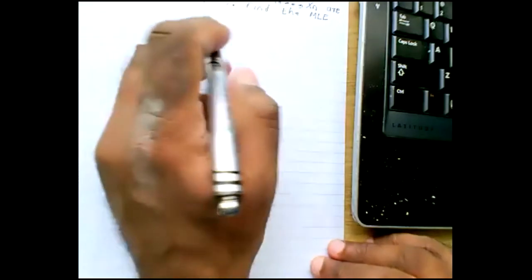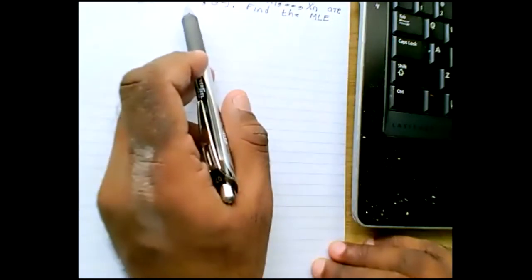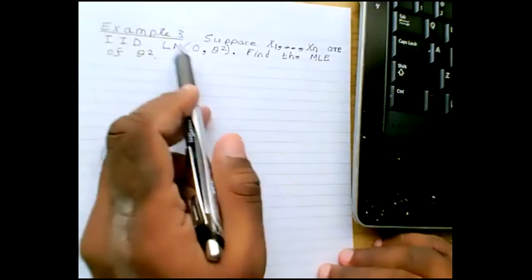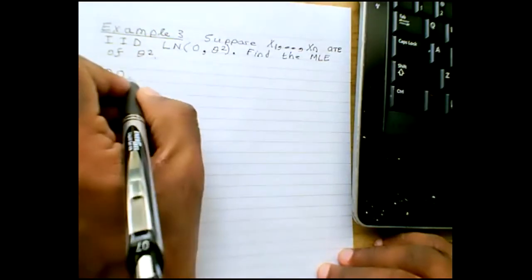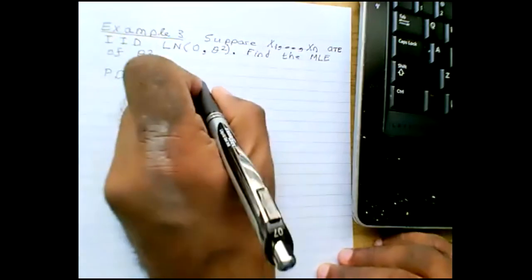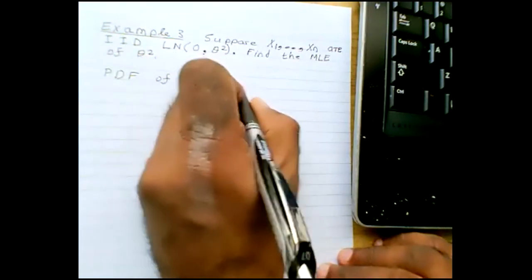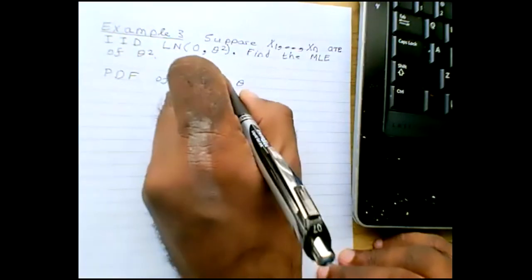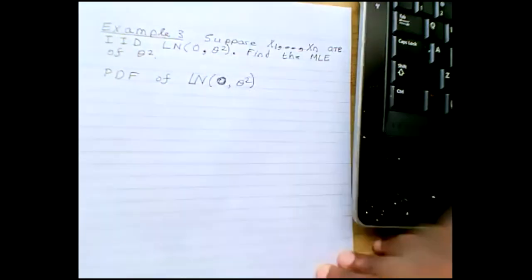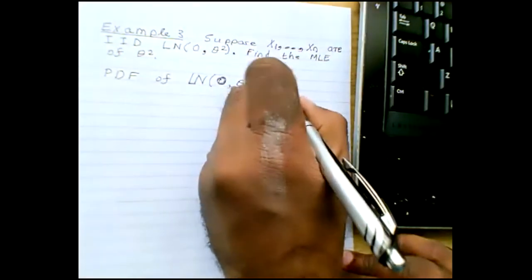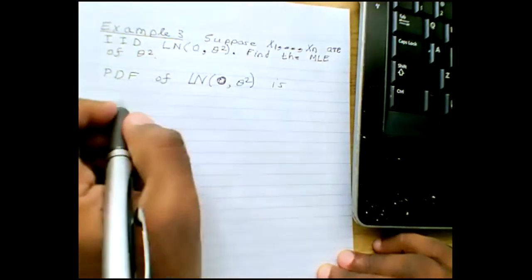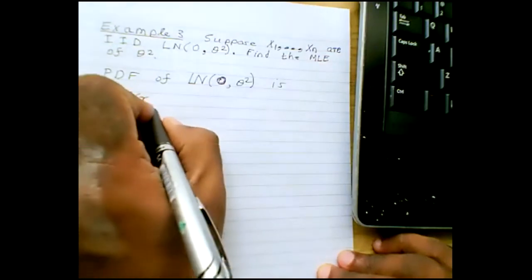Example 3. Again, here we have a random sample from a log normal with parameters 0 and theta squared. If you haven't seen the log normal in probability 1, this is the PDF of this distribution.